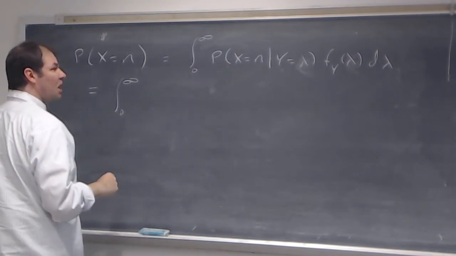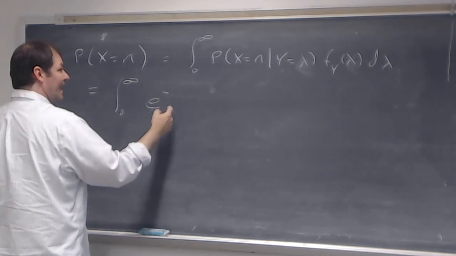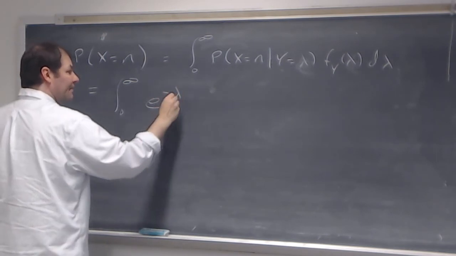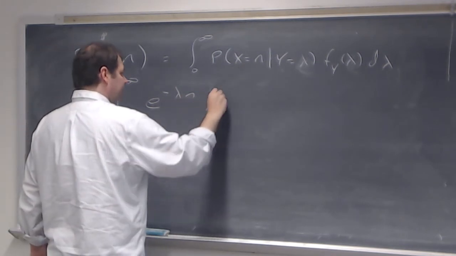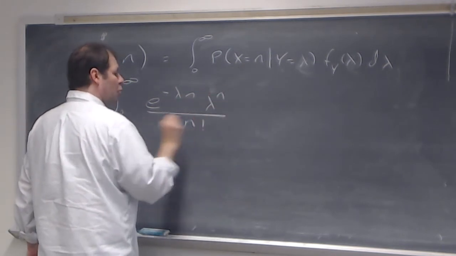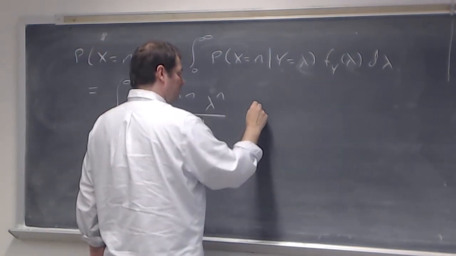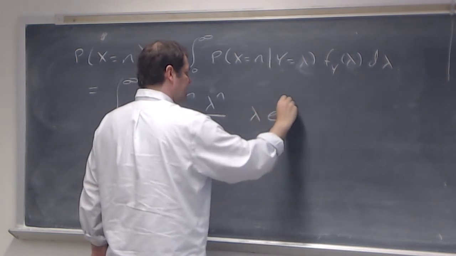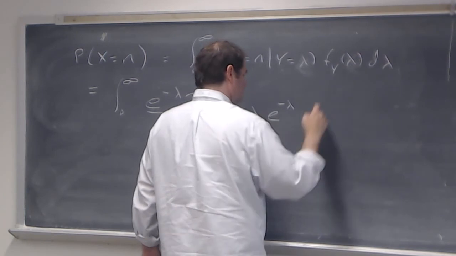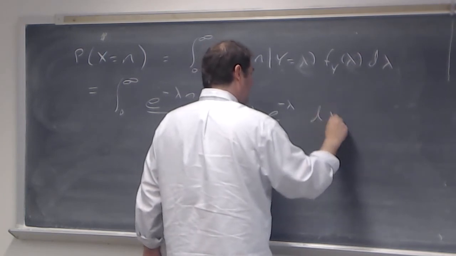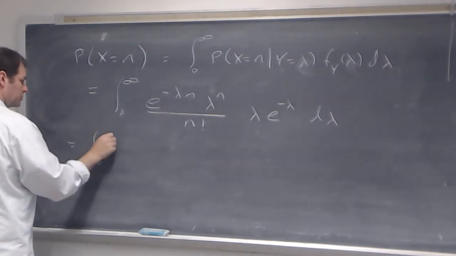Well, X was Poisson distributed, so that's e to the minus its mean, which is lambda, then lambda to the n, all over n factorial. And then here, this is gamma distributed, with lambda times e to the minus lambda, the PDF, and d lambda.